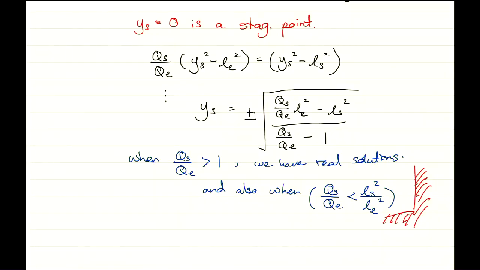Yep, so I want to ask you, if let's say there are no real solutions for ys, where do you think our stagnation points are? Exactly, right? So if we do not have stagnation points along the y-axis, if it's a square root of a negative value, it means that our stagnation points are along the x-axis, xs, okay?